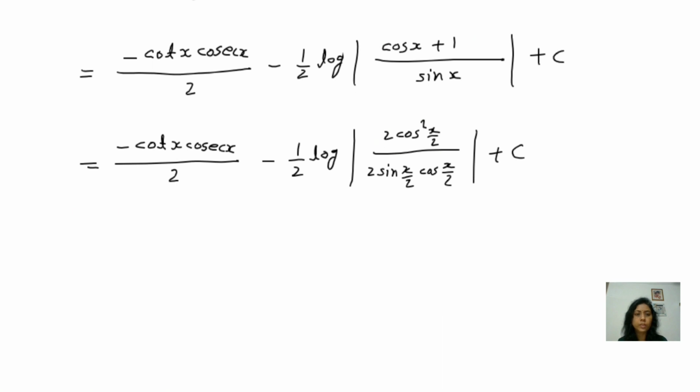Actually in trigonometry we know that cos 2x plus 1 is 2 cos square x, and sin 2x is equal to 2 sin x cos x. Here we took half the angle.